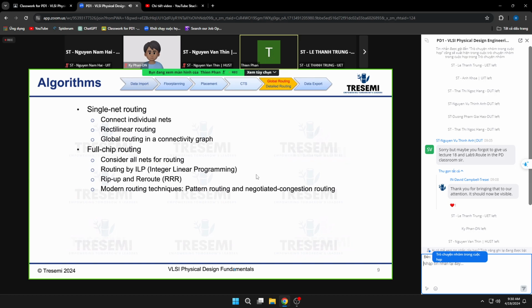The single net, as the name suggests, is a single net connecting pins. Usually this is used for simple designs, or sometimes you have a net that has so many pins that more likely you want to route that net first, right? So you have a special algorithm just for this.